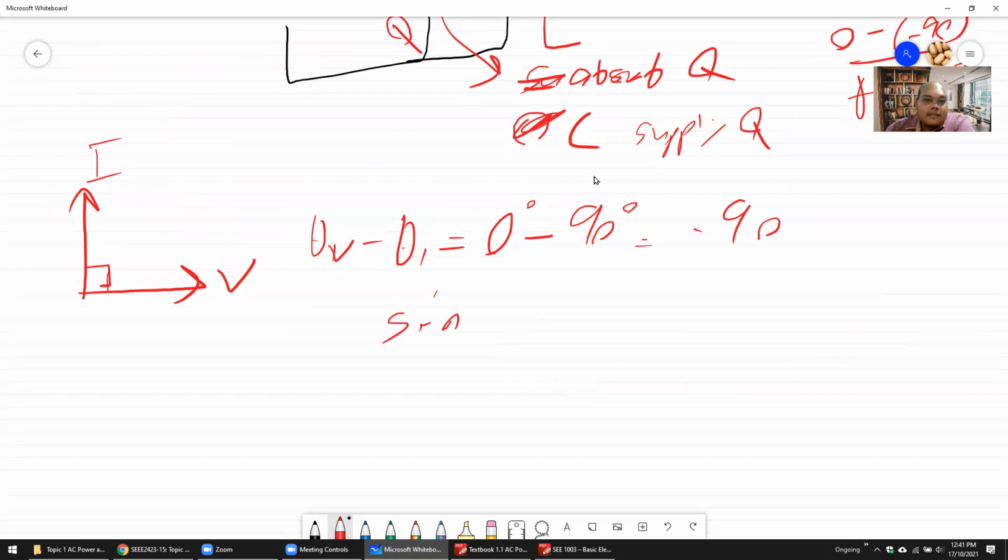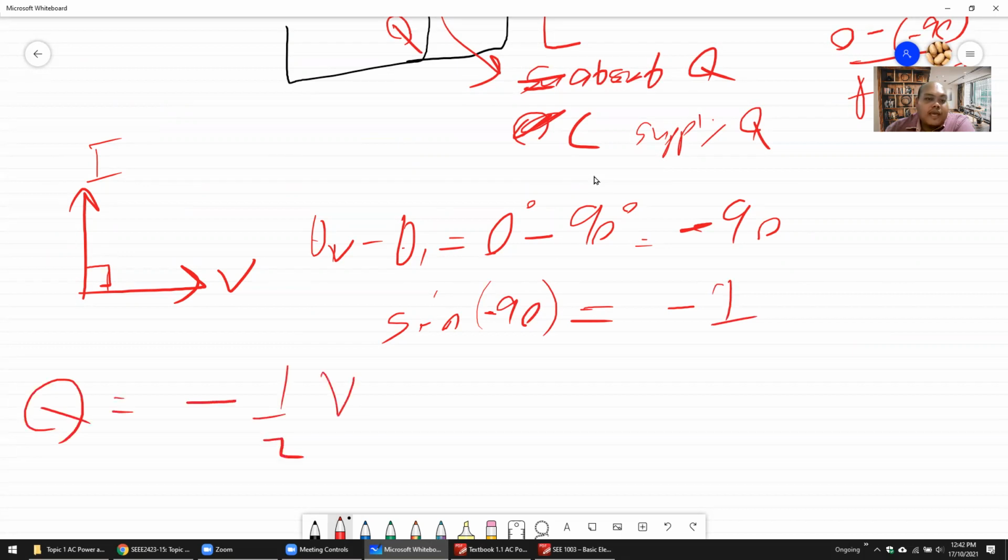Sine of negative 90 is negative 1, so Q is negative 1/2 Vm Im. When it comes to negative power, it means that it is supplied. So be careful.